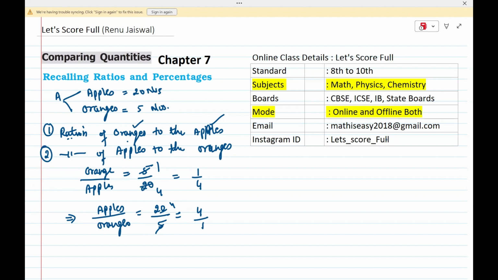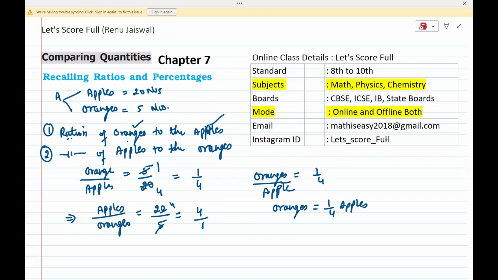How can you correlate them? Here, I can say oranges upon apples is 1/4. We know cross multiplication, so take apples on the right hand side. So oranges is equal to 1/4 of apples.